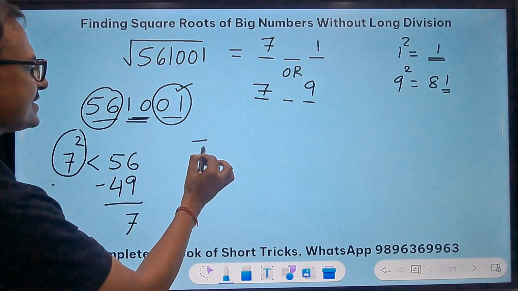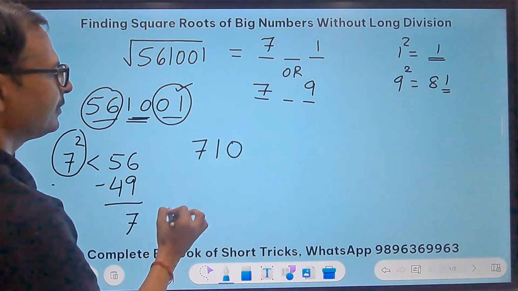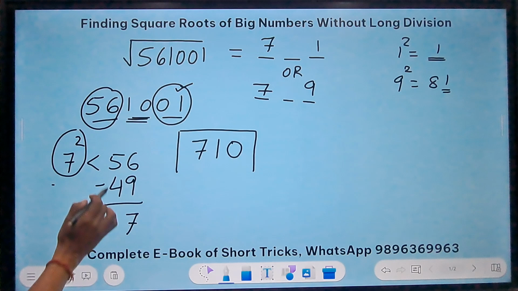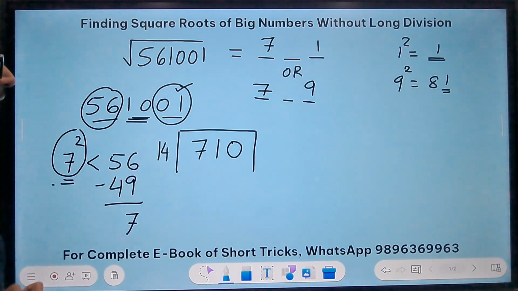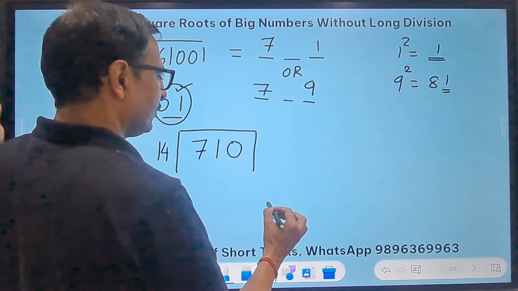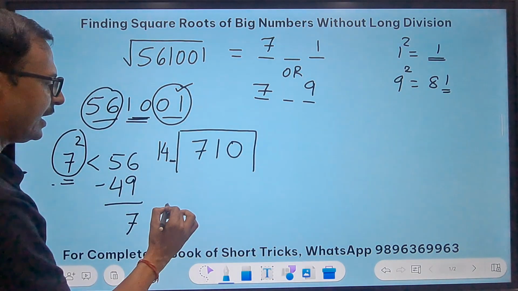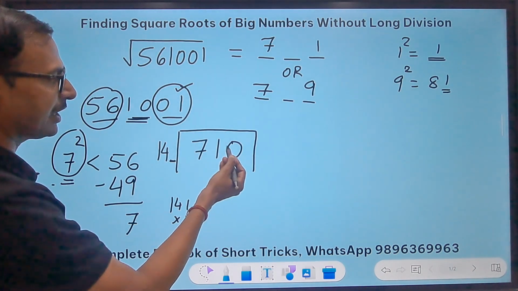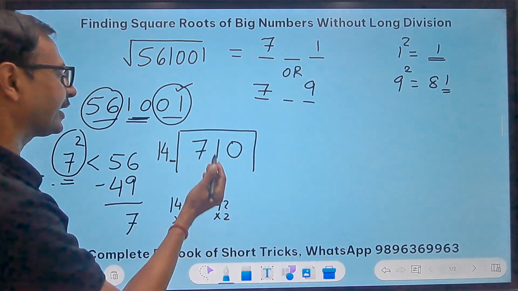Now I will write this 7 and the second pair 10 along with that, and I will perform a small step of long division. The double of 7 is 14. So I need a number which I have to suffix here with 14, and 141 times 1 is 141, very far away from 710. 142 times 2 is 284, again far away.